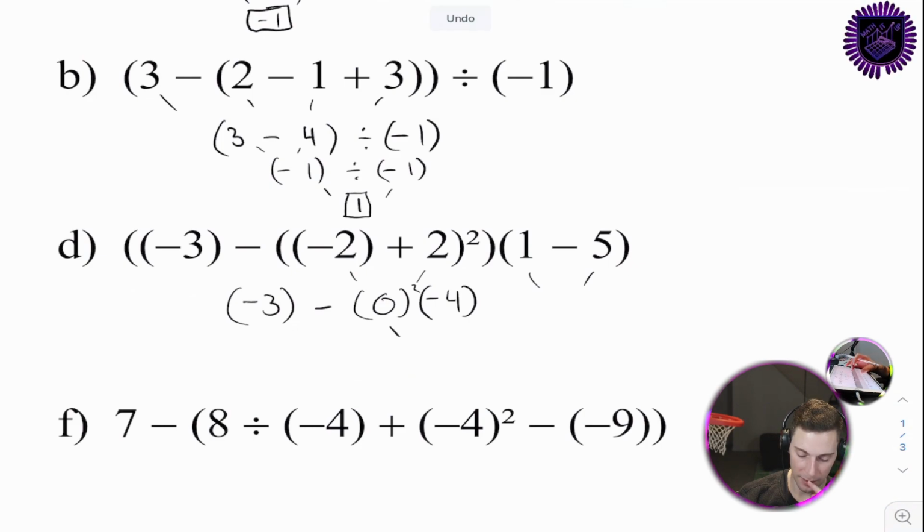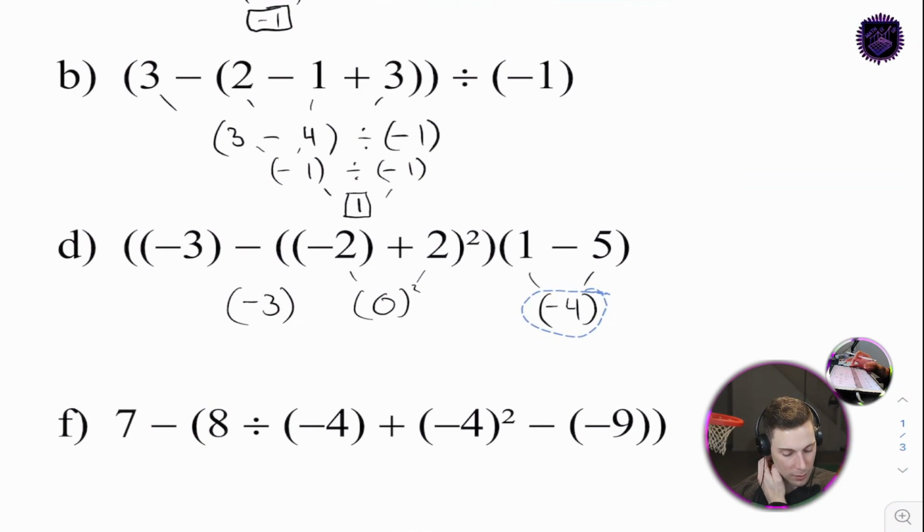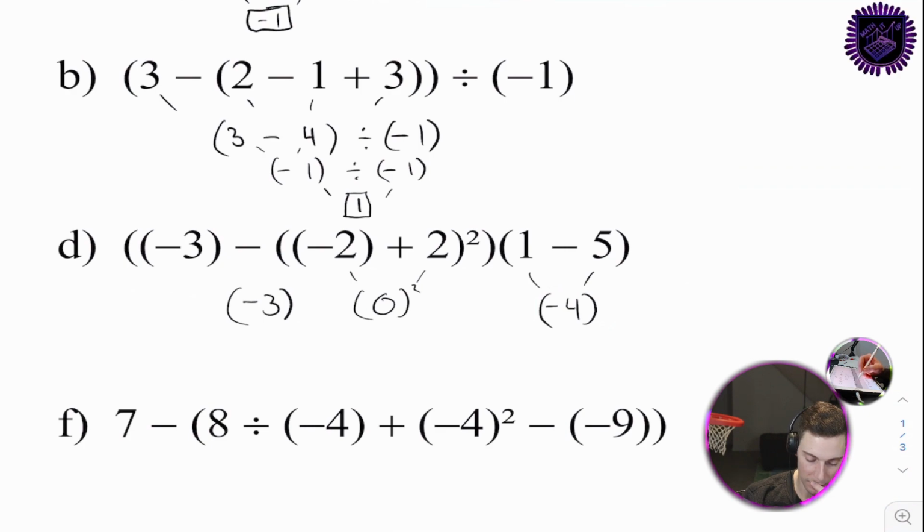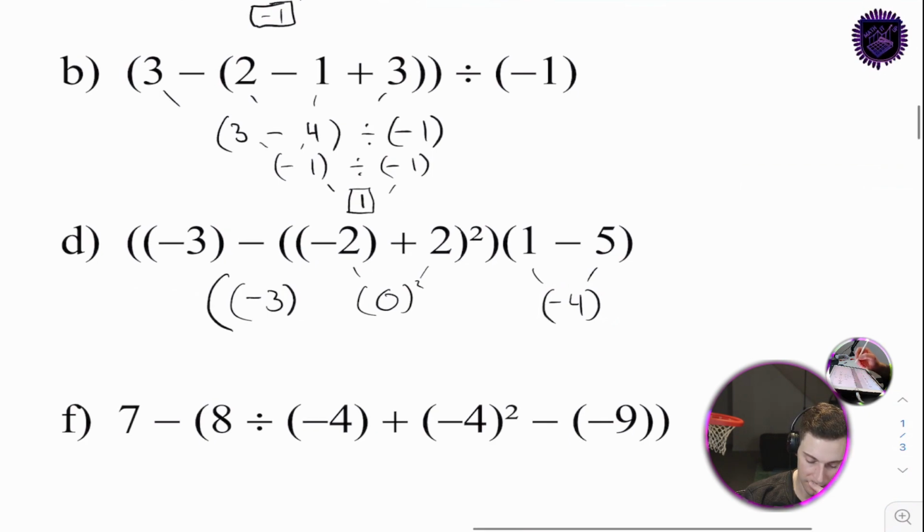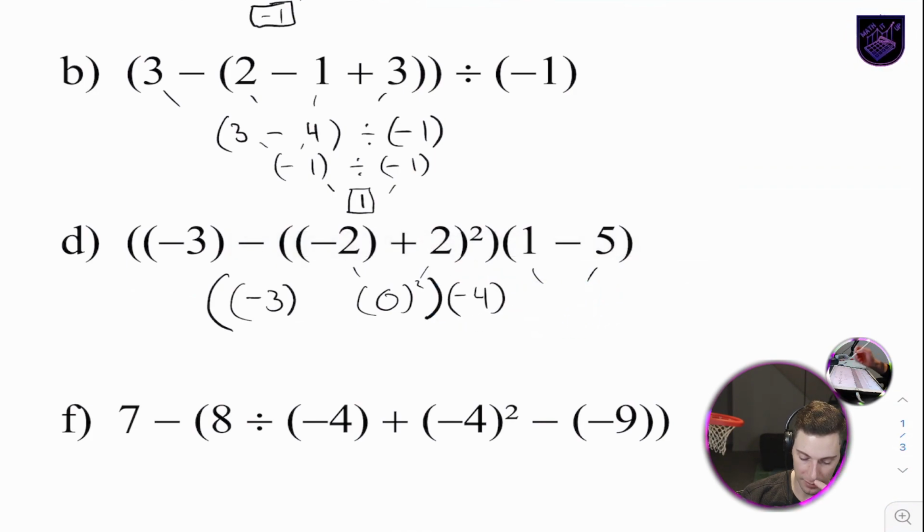Let's back this step up a little bit here. Minus 3 is in brackets with this, which is also beside this, like that. There we go. Now that makes more sense.